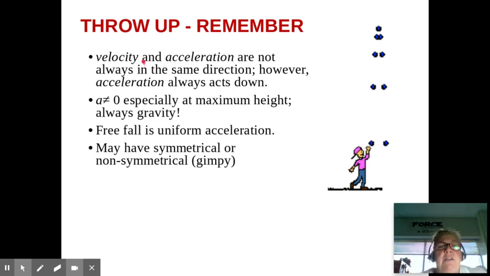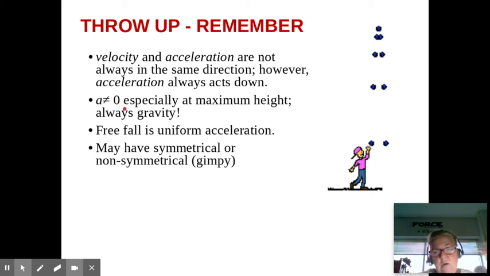Okay, so just some reminders. Velocity and acceleration are not always in the same direction. However, acceleration always acts down. So going up, the velocity will be positive and the acceleration is negative. Coming back down, the acceleration is negative, and so is the velocity. Remember that at max height, your acceleration is not 0, only the velocity.